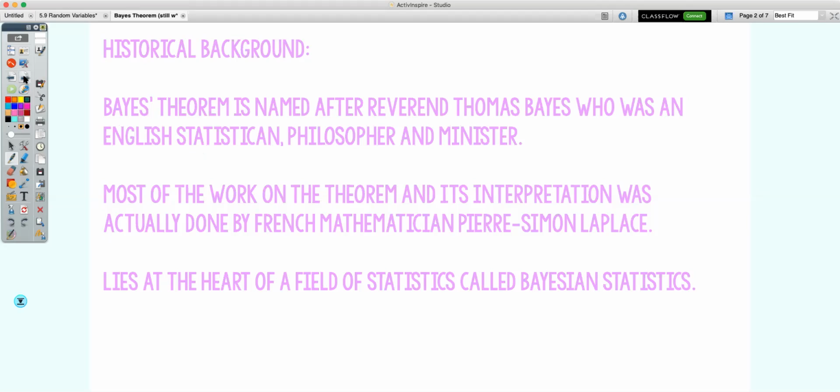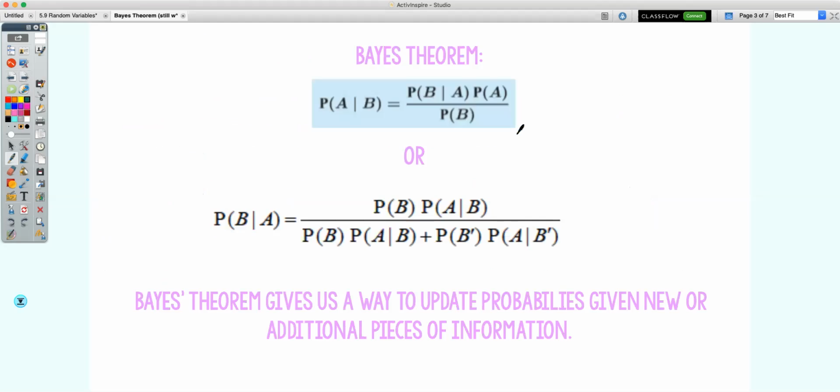With that being said, I'm going to show you Bayes' theorem next. These are the two different interpretations of Bayes' theorem. What you see here in the blue is an abbreviated version. It uses the same conditional probability line: the probability of A given B equals the probability of B given A times the probability of A, divided by the probability of B. What's not in the blue shading is the formula that's in your reference booklet.